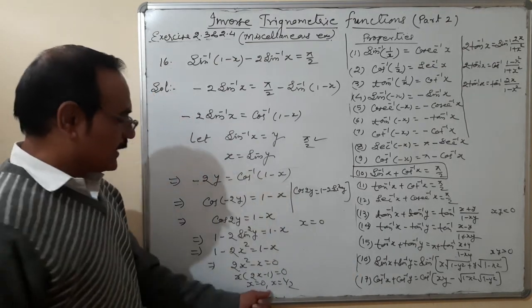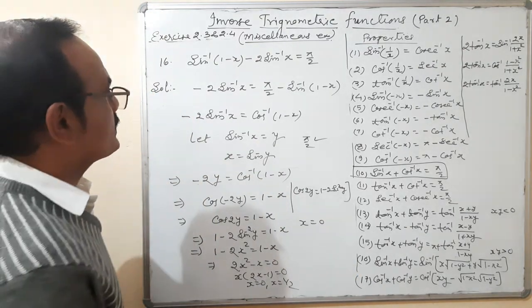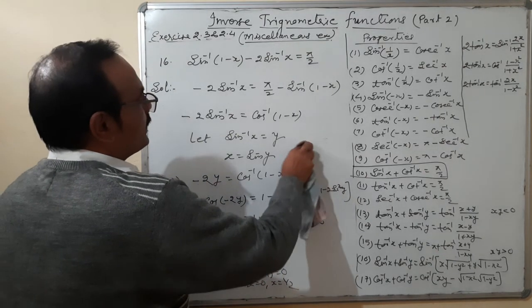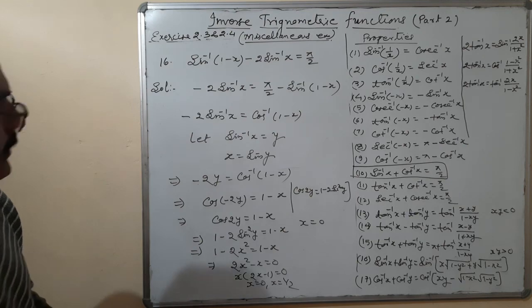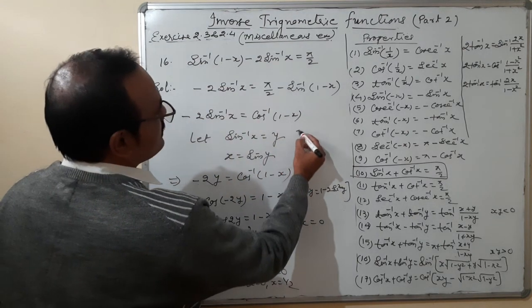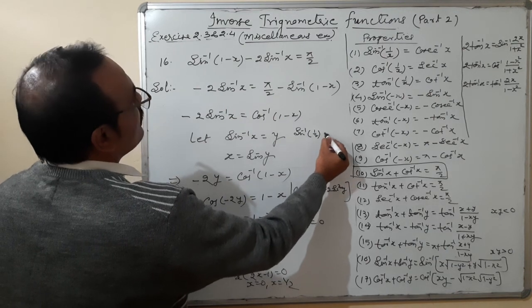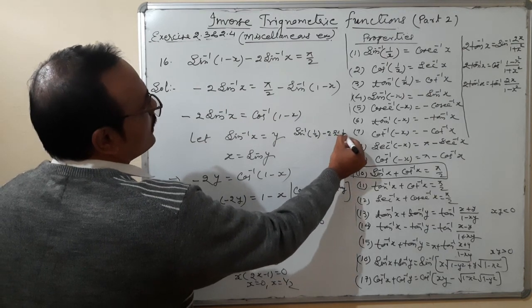Now let us check whether x is equal to 1 by 2 is correct or incorrect. If I put x is equal to 1 by 2 in the question, it is coming sine inverse 1 minus 1 by 2, that is 1 by 2, minus 2 sine inverse 1 by 2.